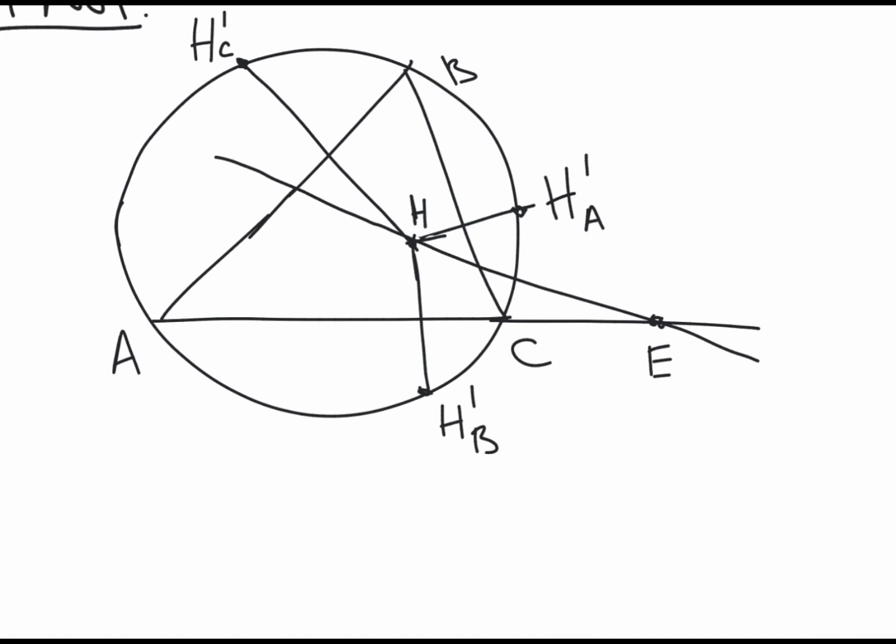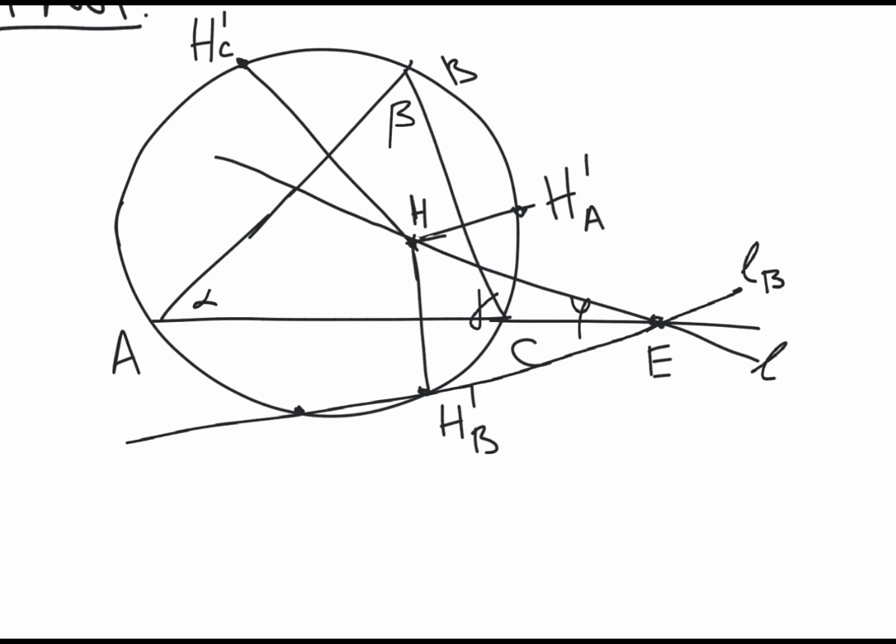So we denote the angles of the triangle as alpha, beta, gamma, and we denote this angle as phi, the angle between the line L, so this is the line L, and the side AC. Now we construct this line, L_B.